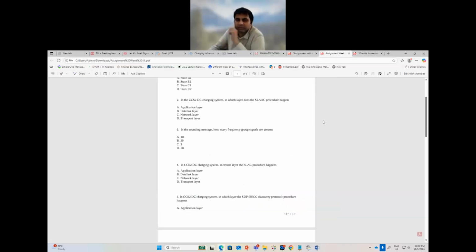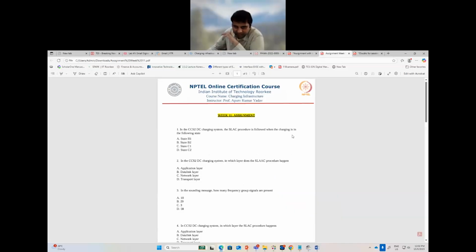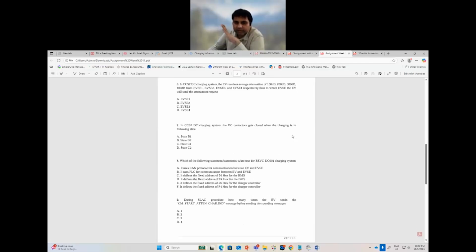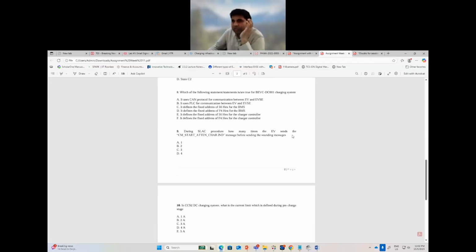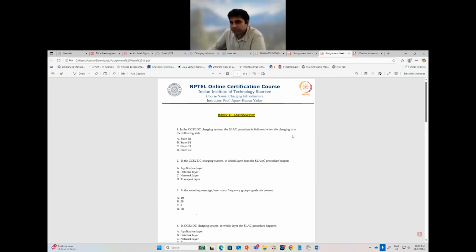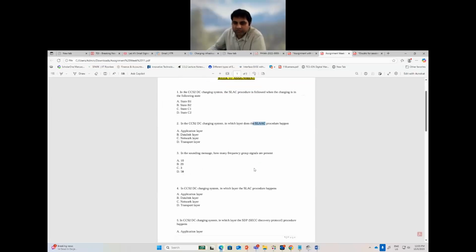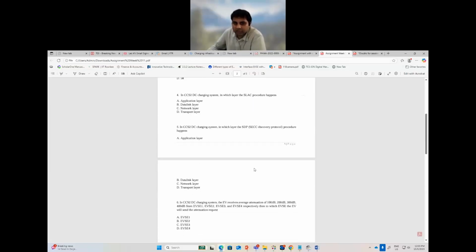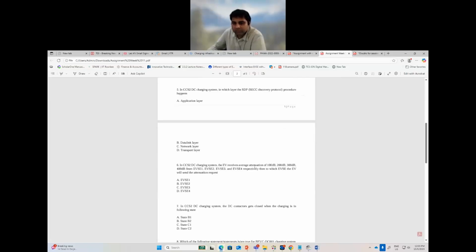And in assignment number 11, there is no numerical involved, but you have to go through the lectures to understand and fill out the particular options. You can easily go through it. You will be able to understand at what state SLAC is operating, at what layer SLAC is happening, how many frequency group signals are being sent, in what layer the SLAC procedure is done, in what layer SDP is done, how to identify which EVSE to be connected to.